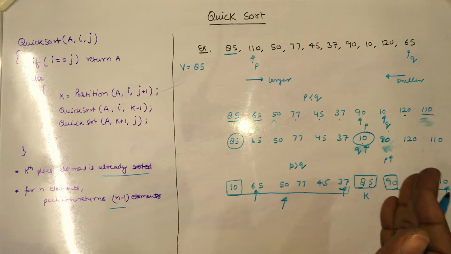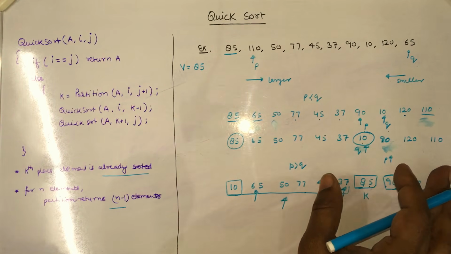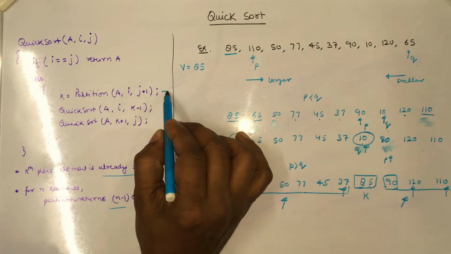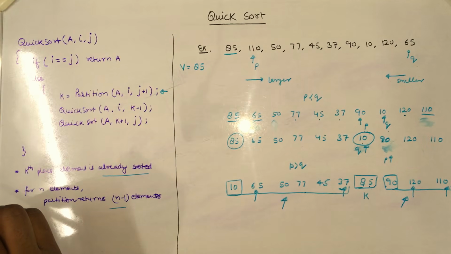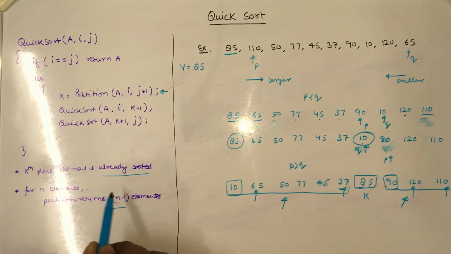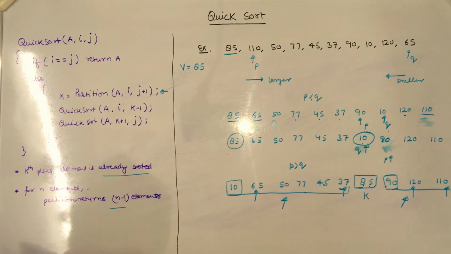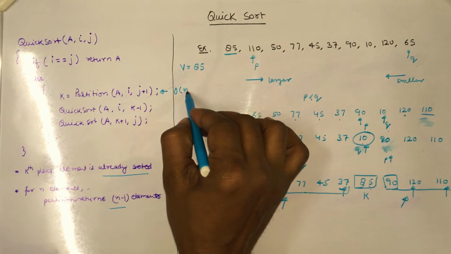So if we analyze the time complexity required for this quicksort algorithm, we have to analyze the time complexity required for the partition. And we know that for n elements, partition always returns n minus 1 elements. In this case, it will require order of n time.